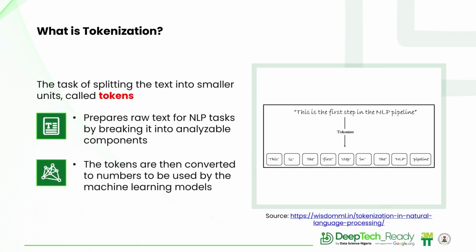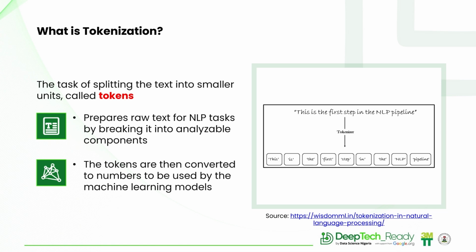Let's begin by understanding what tokenization is and why it's so important in natural language processing. Tokenization is the process of splitting text into smaller manageable units, what we call tokens. And these tokens usually represent words or subwords or even individual characters, depending on the task and the method used.